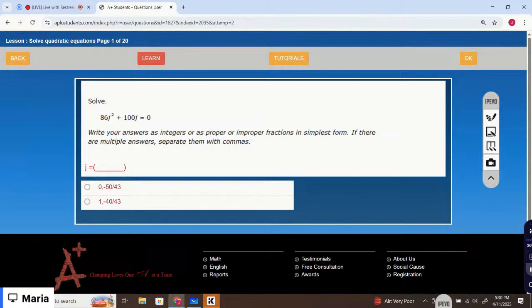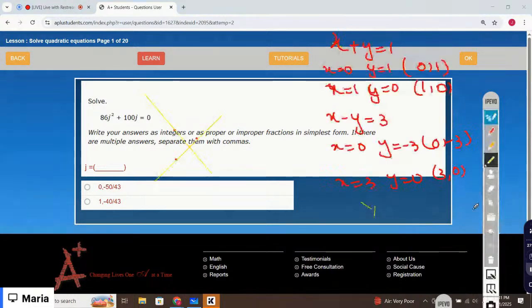86j squared plus 100j equals 0. Let's take j common.